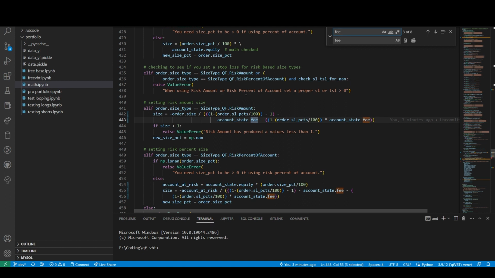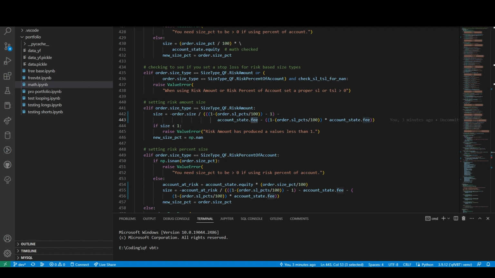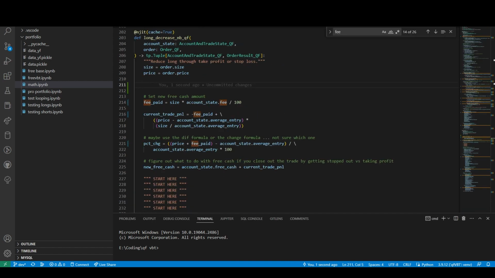I have to look through all of this stuff and find out what we are doing with the fee. All right, I honestly feel like I'm just gonna have to rewrite this whole entire decrease thing.